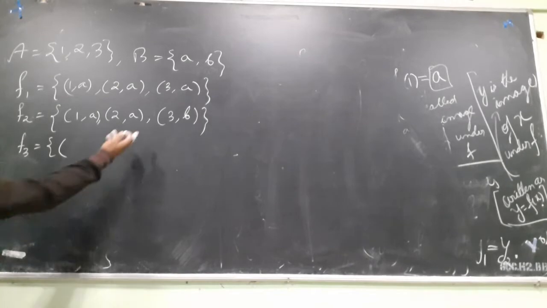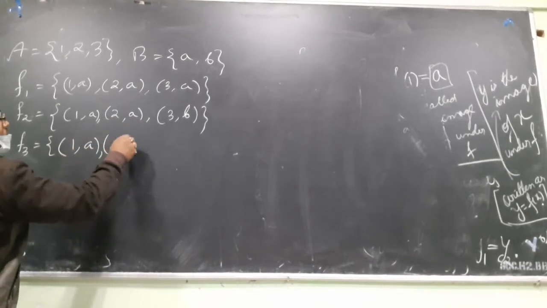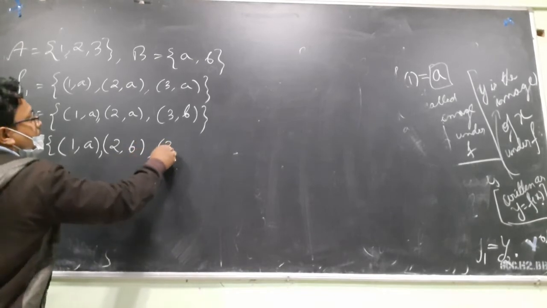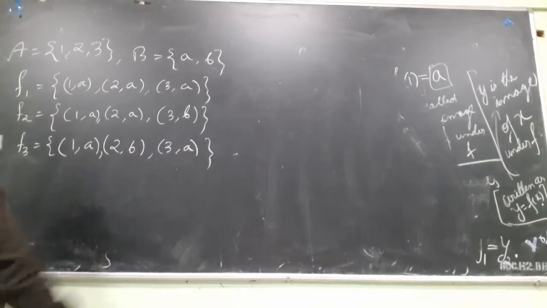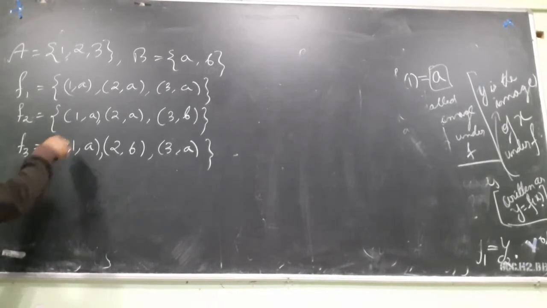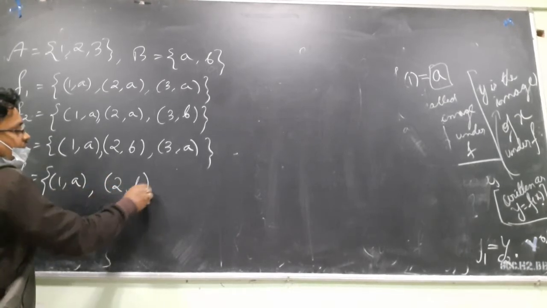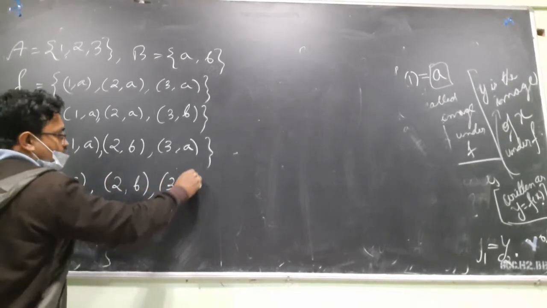F3 is, change these two. Okay, 1A, 2B, and 3A. This you can change. Keep 1A fixed. 1A is fixed. Now I am changing 2 to B, 3 to B. Okay.